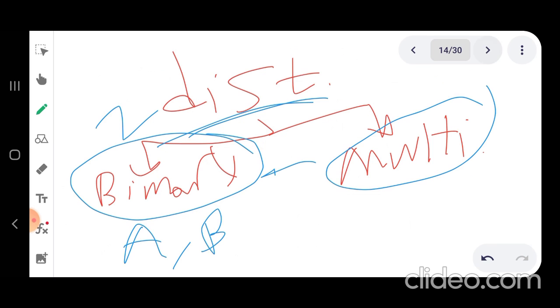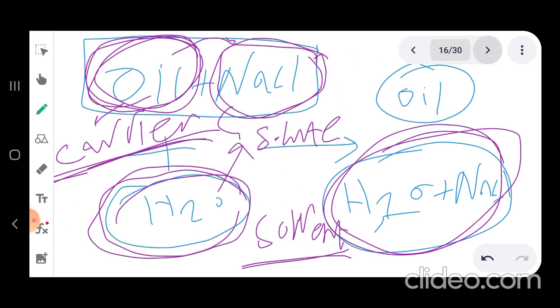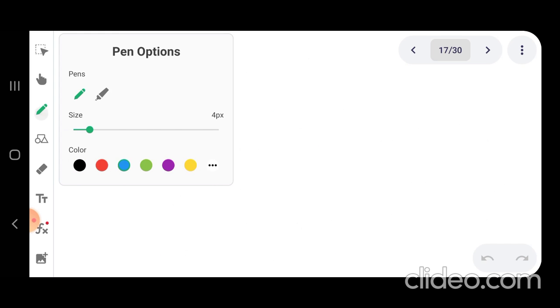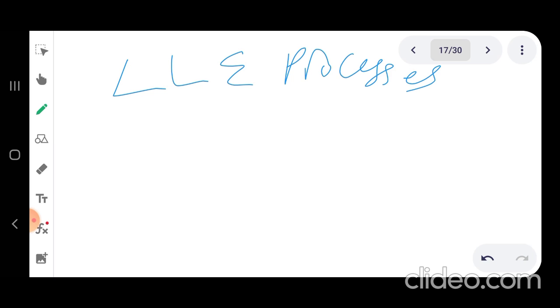So now let's talk more about the extraction process itself. How many types of LLE processes do we have? LLE refers to liquid-liquid extraction.